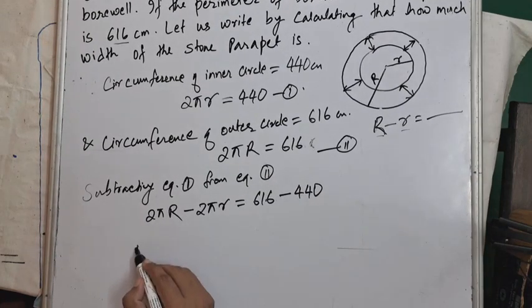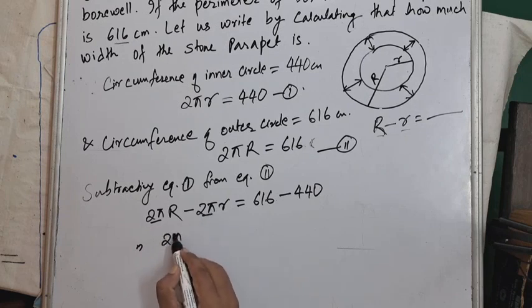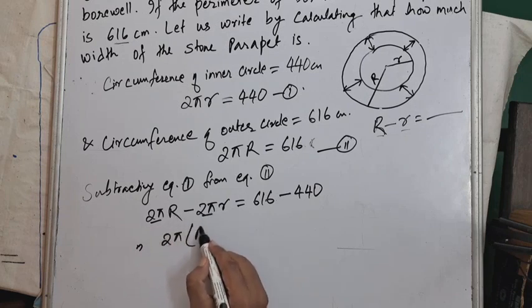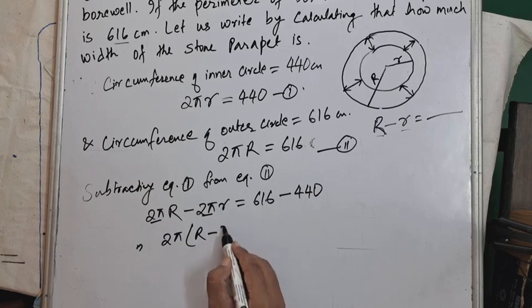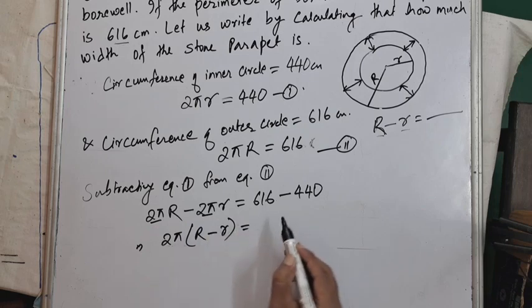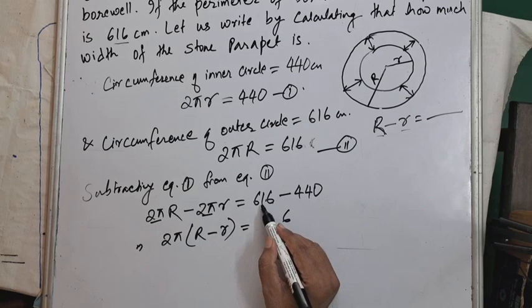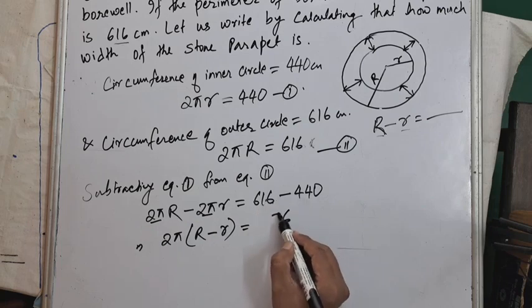Okay, so here we can see 2 pi, we take 2 pi common. Within the bracket we will have capital R minus small r. This 2 pi and 2 pi is taken out as common. We subtract this number. 6 minus 0 will give us 6. So 11 minus 4 is 7.